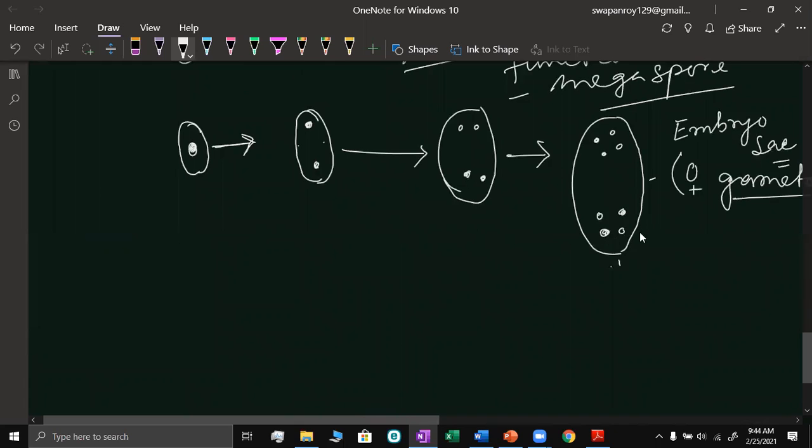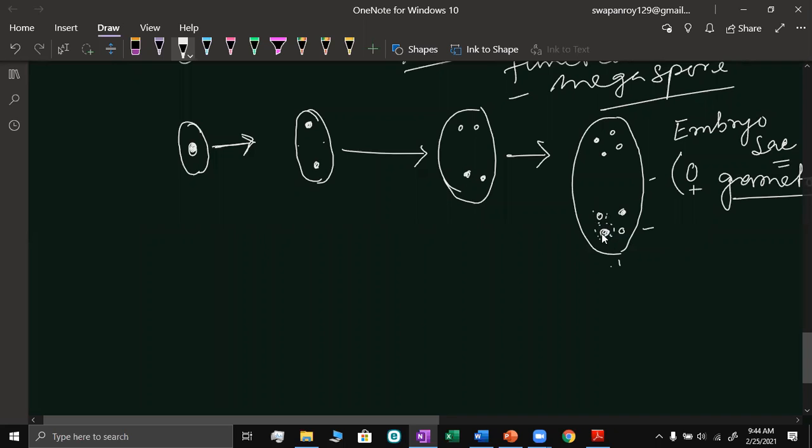So now see here what is happening. Out of these 8 nuclei, what will happen? The nuclei along with some amount of cytoplasm form a cell membrane.